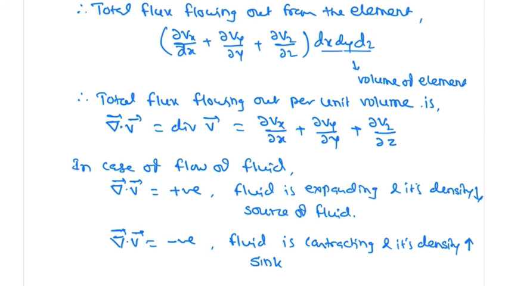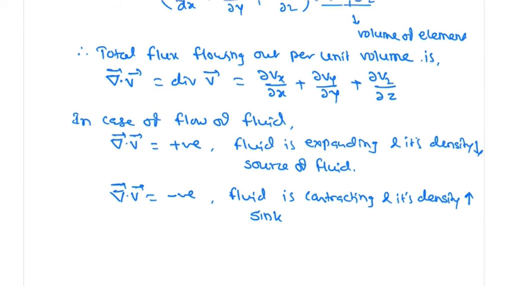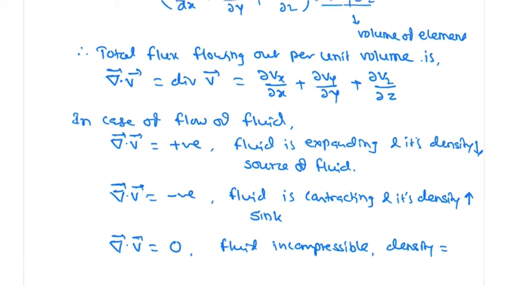In the other case, if the divergence of the vector point function is 0, what happens? The fluid does not expand or contract. The fluid becomes incompressible, which means the density of the fluid remains constant.